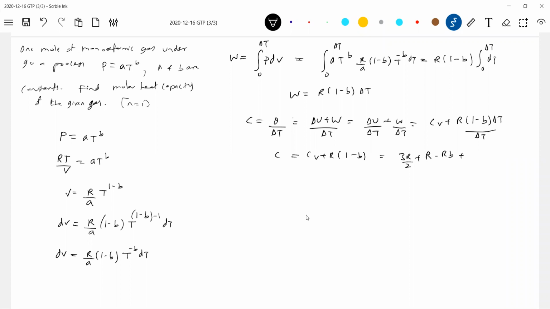Let me write it: this will be 5R by 2 minus RB.